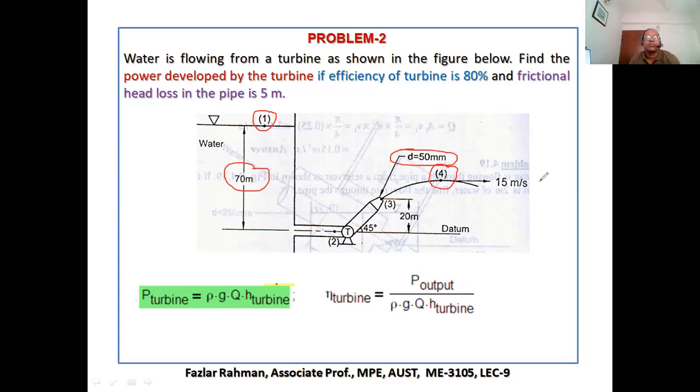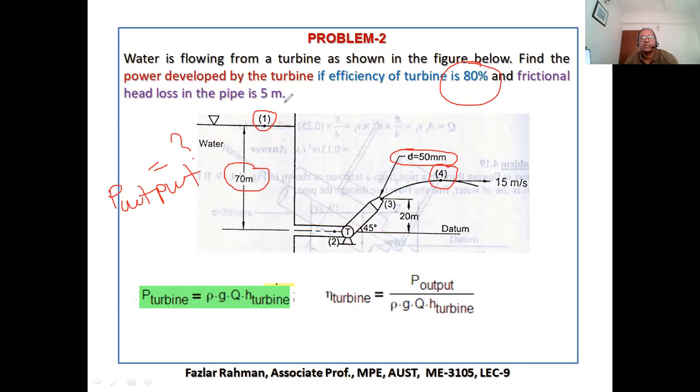Now, what do you need to figure out? It's water flowing from a turbine as shown in the figure below. Find the power developed by the turbine. That means how much power output comes out from the turbine, that you need to figure out. The turbine efficiency is given as 80%.